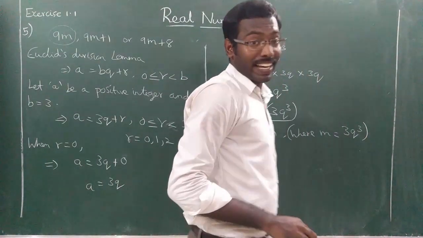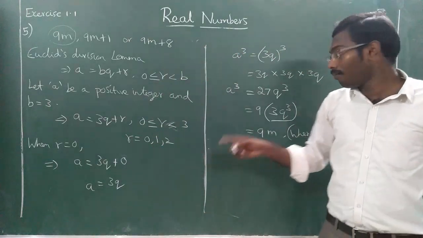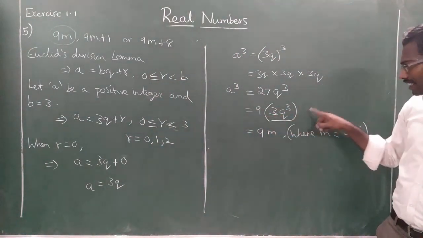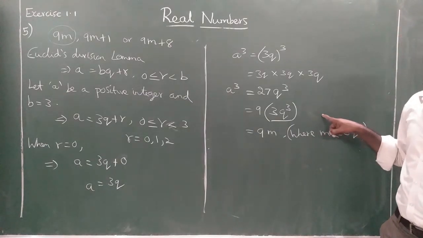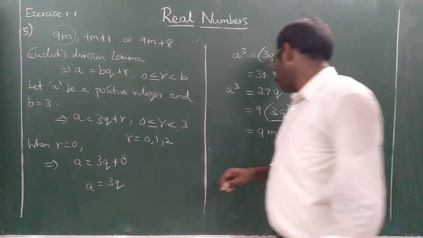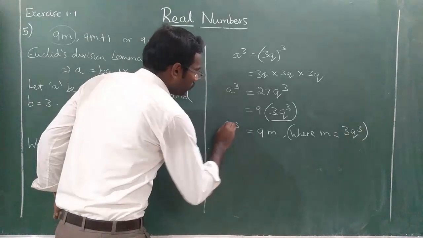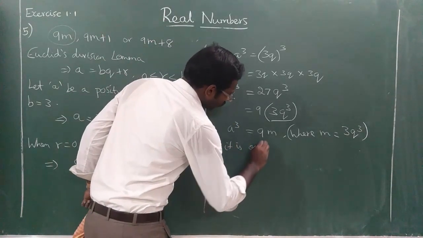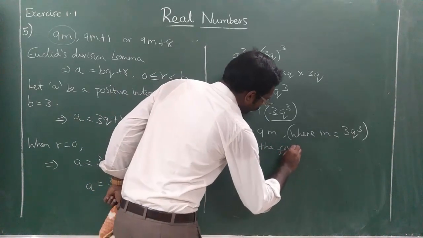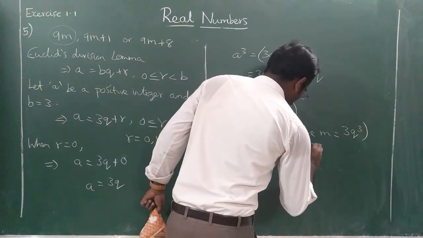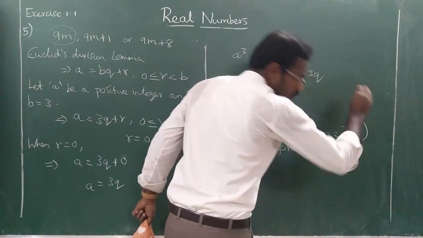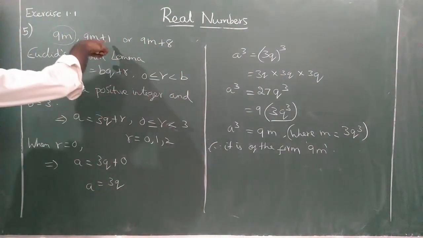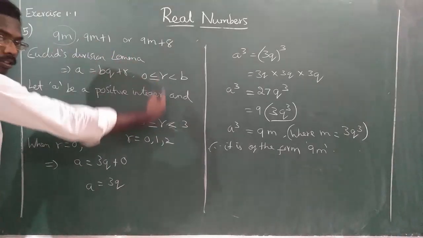Is it clear? m can be some integer, but it should be a multiple of 9. So a cube is equal to 9m. Therefore it is of the form 9m. True.